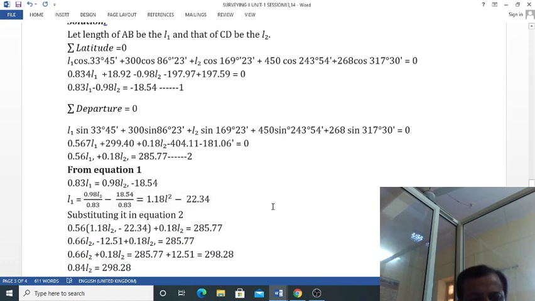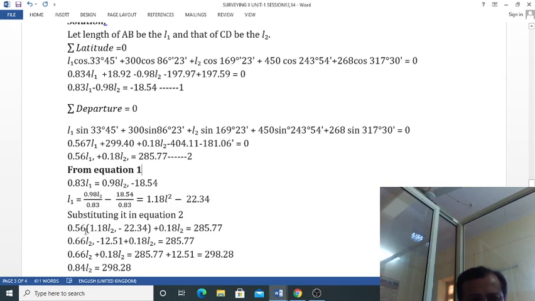In the substitution method, I am going to find the value of L1. From equation 1, we know 0.83 L1 minus 0.98 L2 is equal to minus 18.54. We can simplify this. Bring 0.98 L2 to the other side, and minus 18.54 stays as it is. Divide this by 0.83.